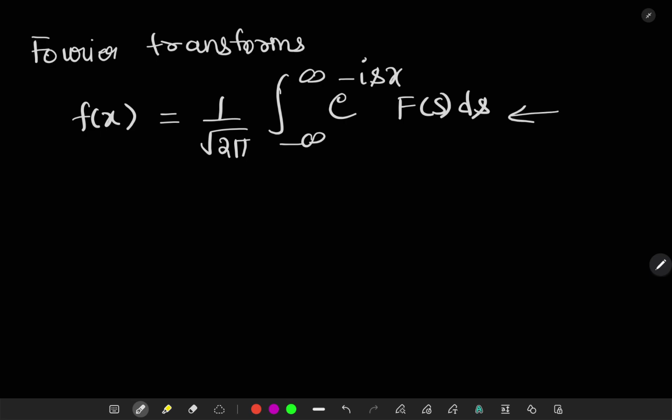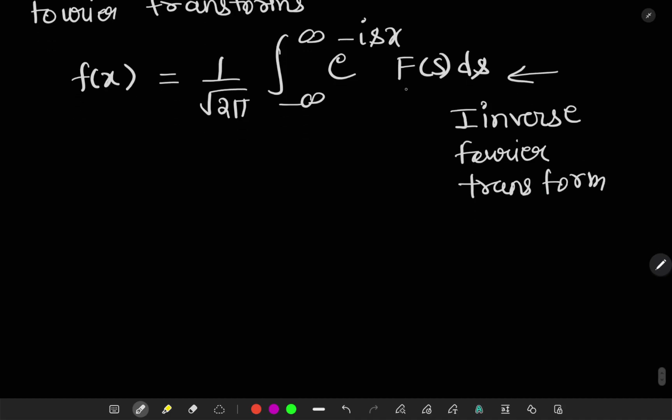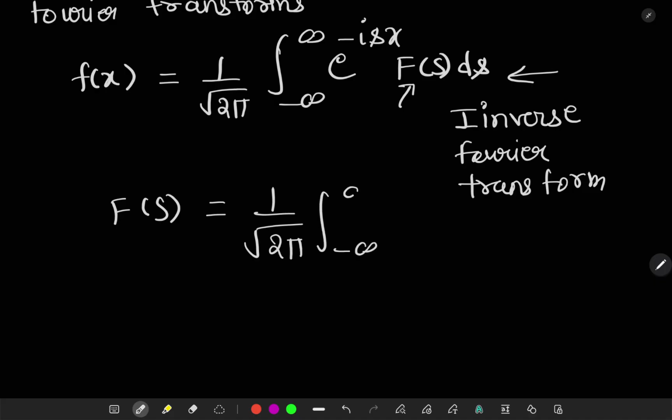This is the inverse Fourier transform. And here this f of s is the Fourier transform, and f of s equals 1 by root 2 pi integral limits minus infinity to plus infinity f of t e raised to power iota s t dt.